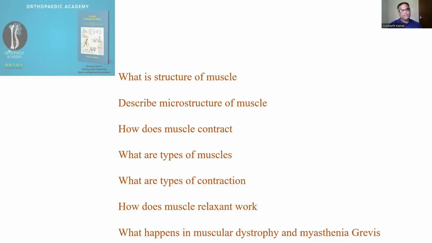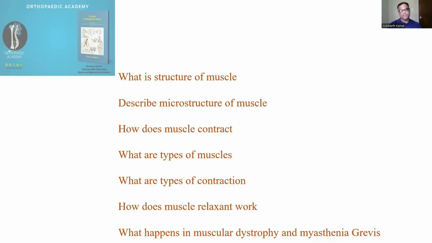This is a contraction when muscle actually lengthens to control a jerky movement. For example, if you hold a weight in the hand and try to extend, it doesn't go in a jerky fashion, but it goes in a very well-controlled fashion. This is because biceps contracts and at the same time lengthens, preventing a jerky movement.